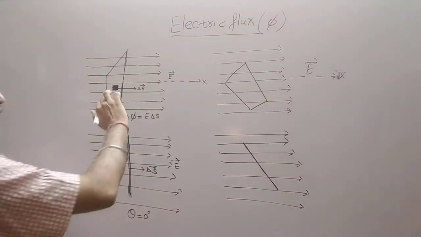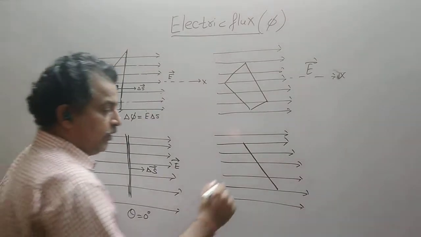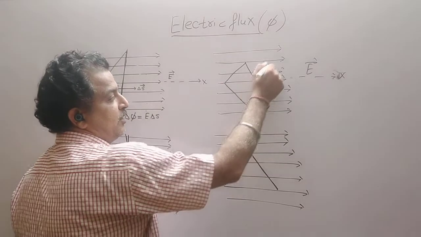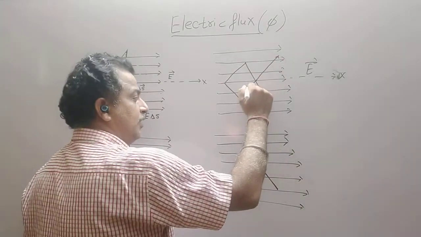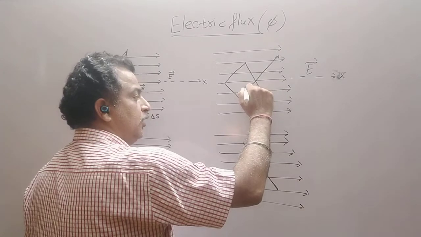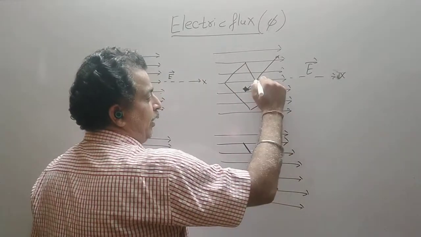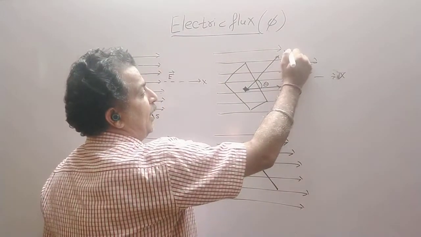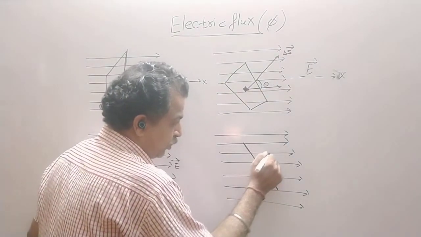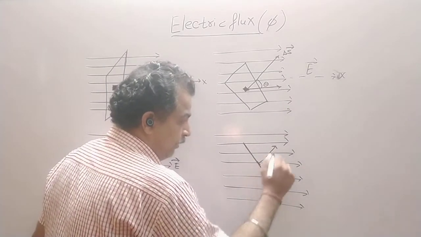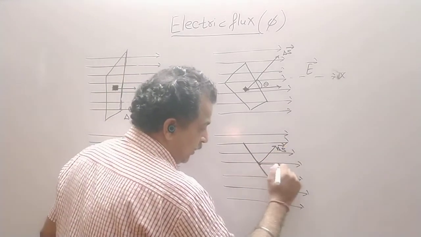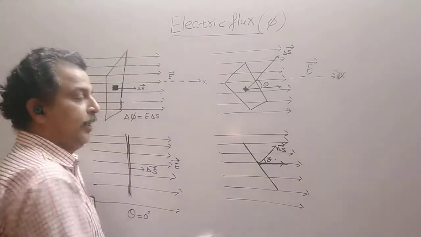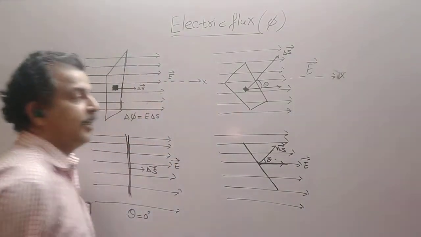Now the orientation has been changed. For this, the area vector should always be normal to the surface. This is my area vector now. If I consider this as a small element, and this is your electric field, the plane is inclined at an angle theta. This is delta S vector, a small element. This is your E vector, and theta is the angle between E vector and delta S vector.